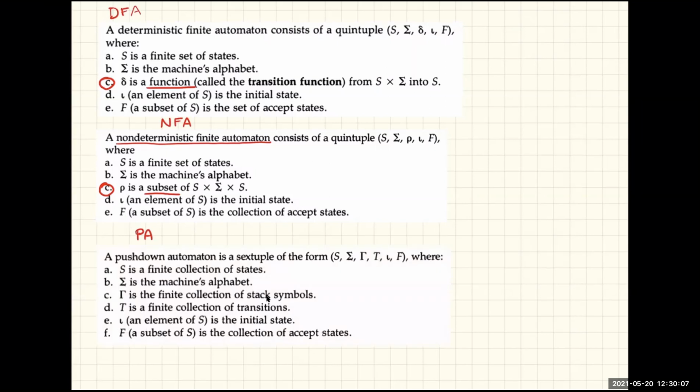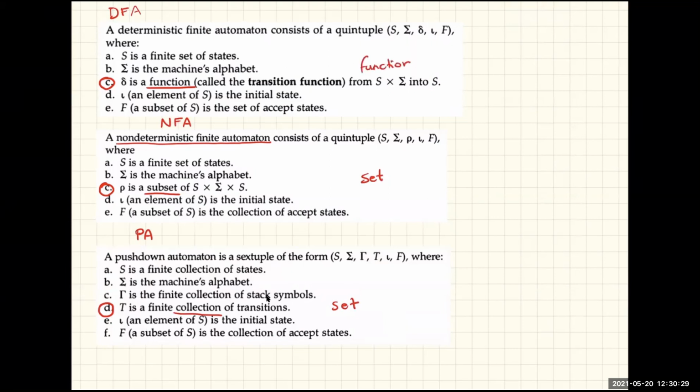In this case, as we have been told before, we don't have a delta, but we have a T. In this case, we focus on this part, and this says a finite collection of transitions. By collection, we mean set. So in this case, we have a set. In this case, we have a set. In this case, we have a function.